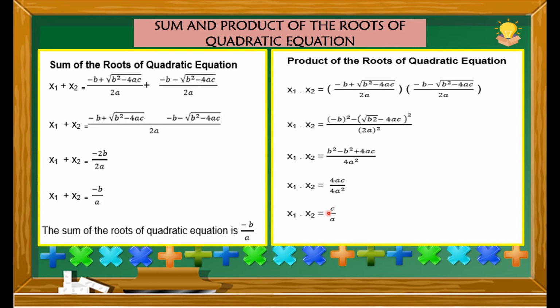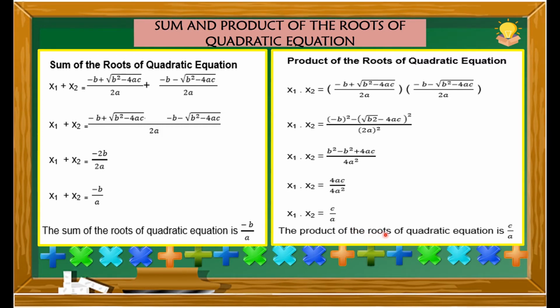This c over a are coefficients from the quadratic equation. And this becomes the formula in getting the product of the roots of a quadratic equation. Remember, this c over a is the product of the roots of a quadratic equation, while the sum is negative b over a. Okay, so how do you describe that in terms of its coefficients?